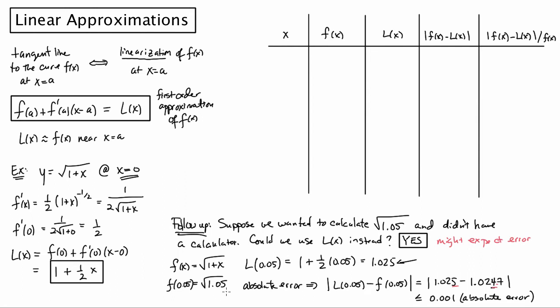One of the big ideas here, and one of the more important things to get out of this video, is that as you move away from the center, and this is the center point for this example, the function L of x will have a larger absolute error.